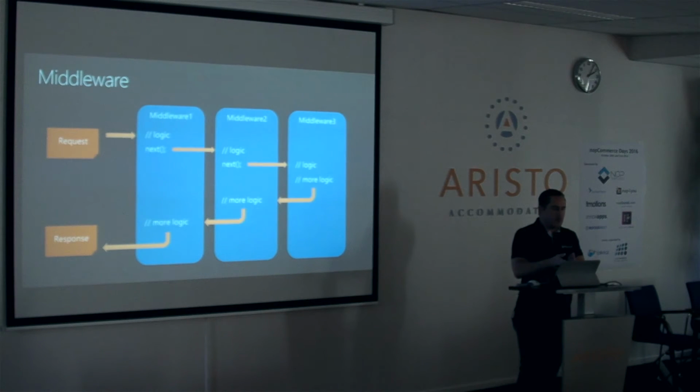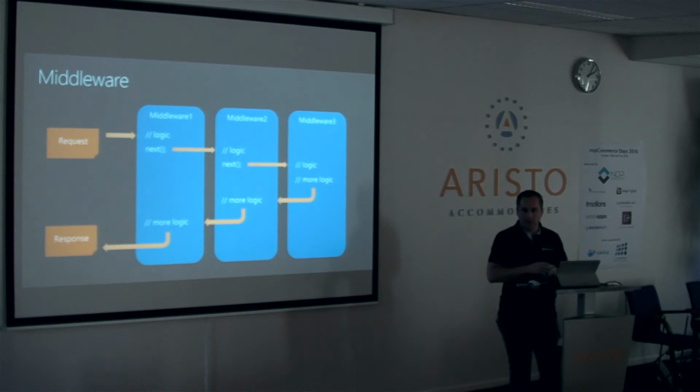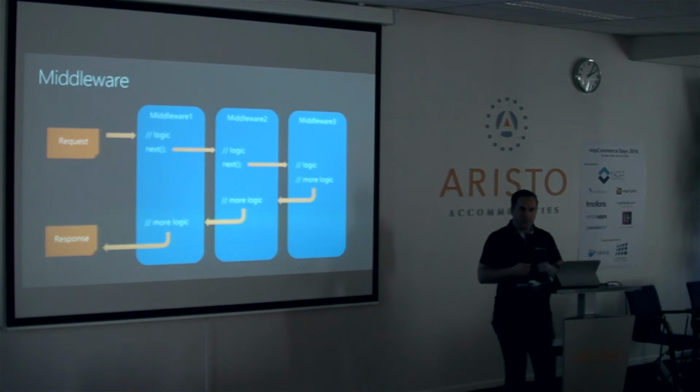In your application you then have the different middlewares, and that can be MVC, logging, or optimization, all kinds of things you may need. That is the pipeline your request goes through inside your application. A request comes in, you can do some logic, and it is handed to the next middleware.